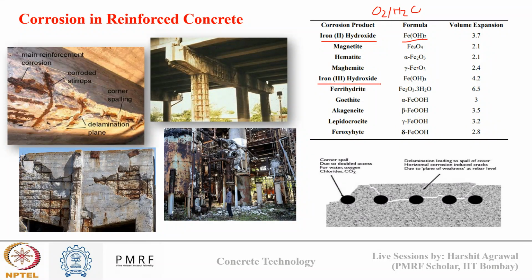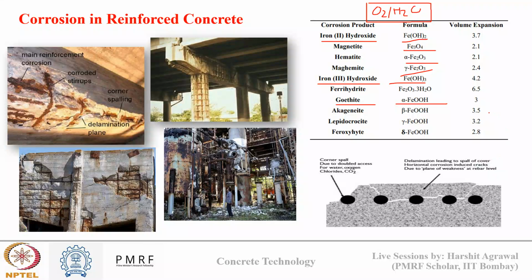There can be iron 3 hydroxide, or ferric oxide, ferrous oxides that can form. It can be FeOH, goethite, ferrihydroxide oxide, oxyhydroxides. So there can be different types of rust product that can form based on the availability of oxygen and moisture in the vicinity of steel.